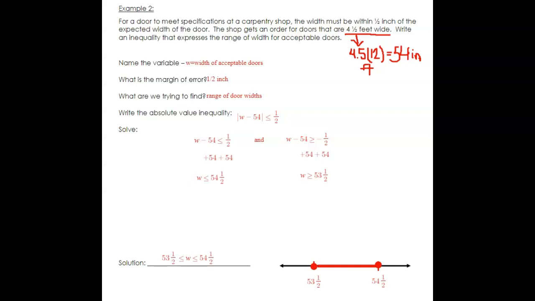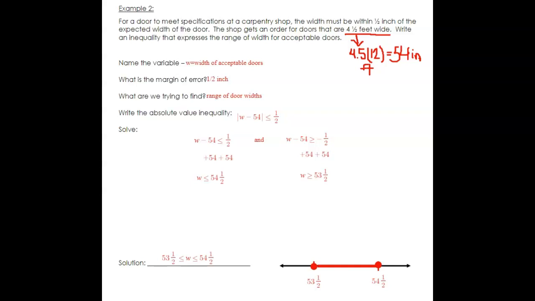For one inequality, you get that the width of acceptable doors is less than or equal to 54.5. And for the other inequality, you get that the width of acceptable doors has to be greater than or equal to 53.5. Remember, the solution is an and situation because the symbol is less than, not more. So we write it as a compound inequality and the shading is between those two boundary values.